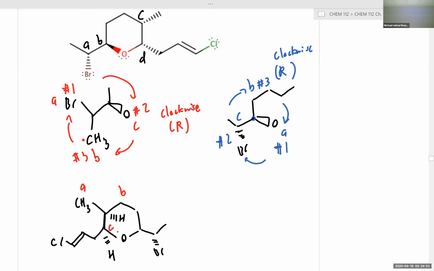So we're going to assign C as number 1. B gets number 2, and A gets number 3. So if we draw our arrow going from highest to lowest priority, we see we're moving counterclockwise. And counterclockwise, we assign that as S. Does that make sense to everyone?